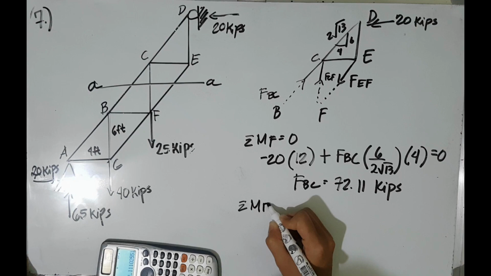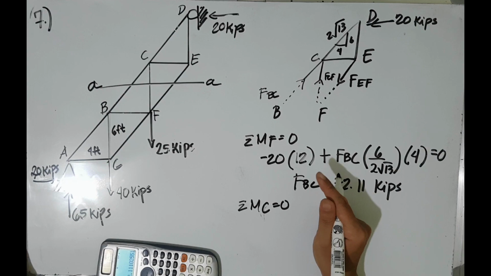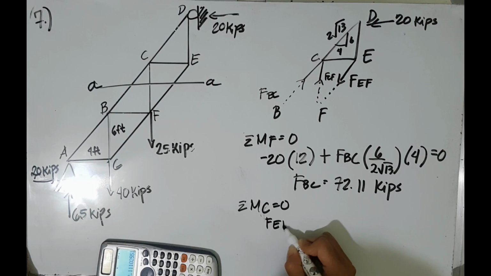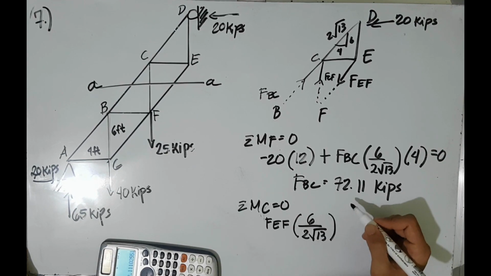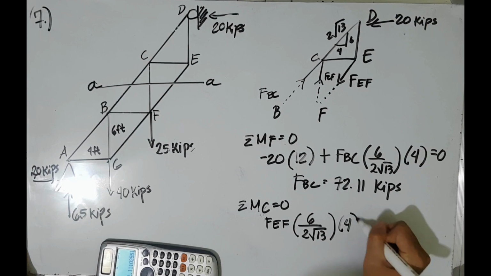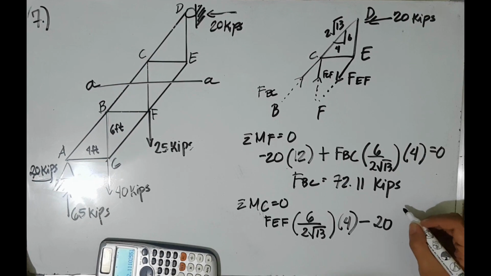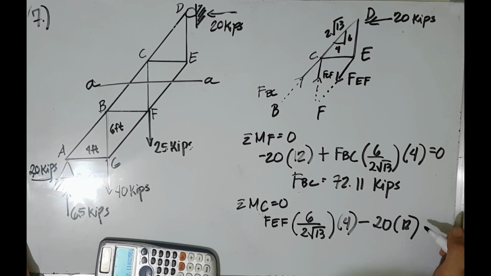And then taking the summation of moment at C is equal to 0, clockwise positive. So the vertical forces of member EF, the moment arm is 4, minus 20, moment arm again is 6, is equal to 0.